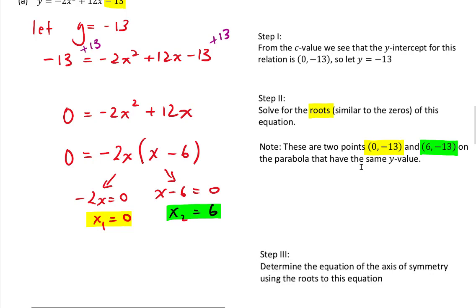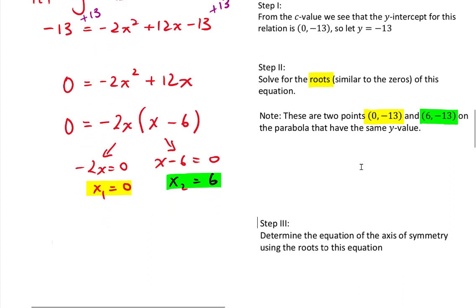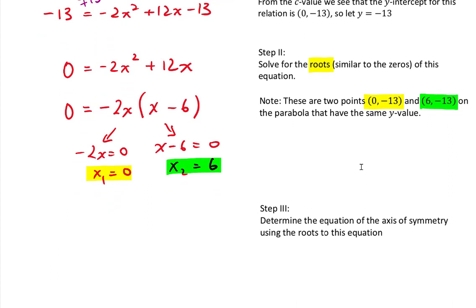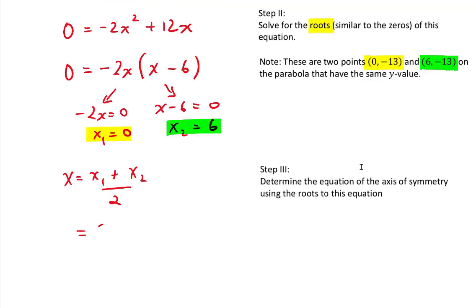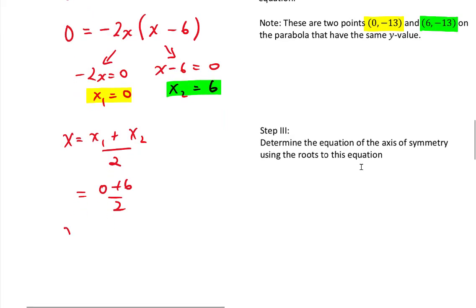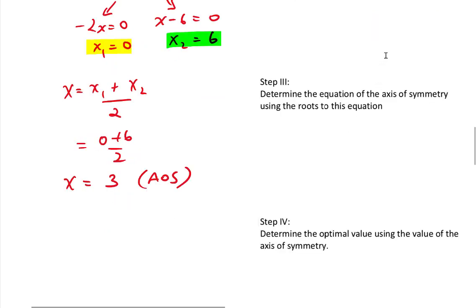So step 3 is determine the equation of the axis of symmetry using the roots. So x equals (x1 + x2) divided by 2. We get (0 + 6) divided by 2, and we get that x equals 3. That is our axis of symmetry. Now that we have the axis of symmetry, we can determine the optimal value using the equation from above.